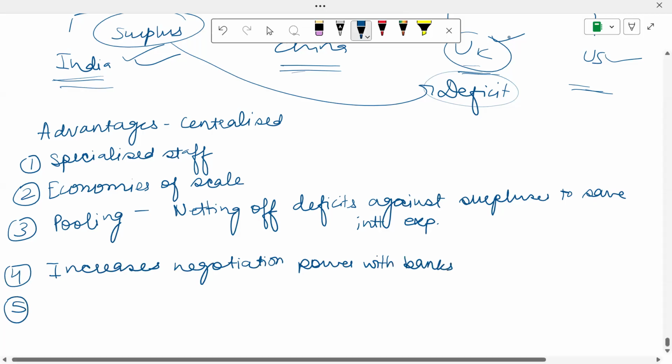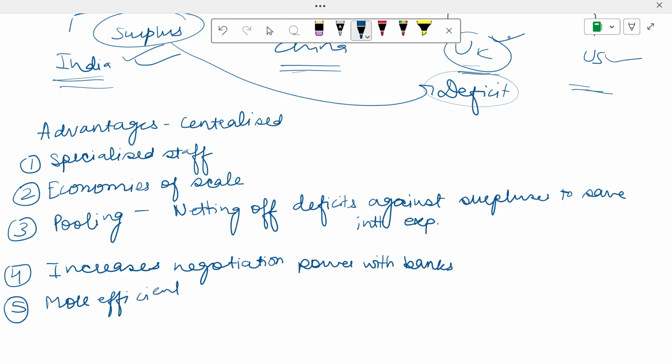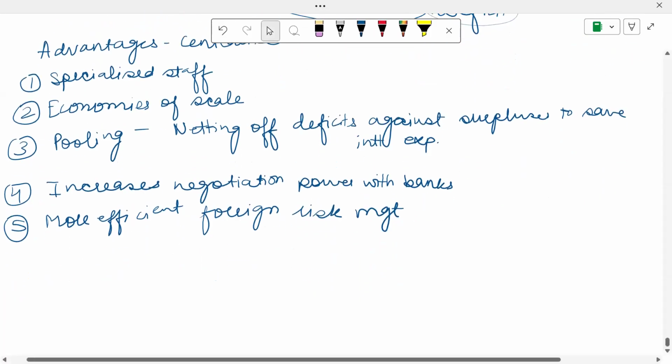Another advantage is that your foreign risk management becomes more efficient. Whatever you're dealing with in different currencies, because you're dealing with everything at the same place, you know your entire position as a business as a whole. So you can do things more efficiently with respect to foreign risk management also.